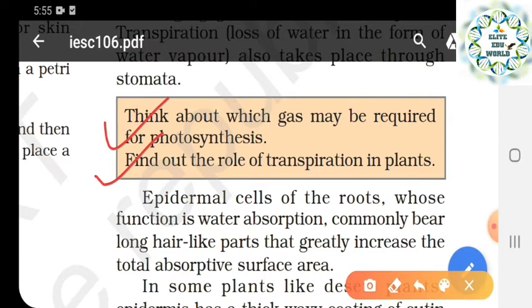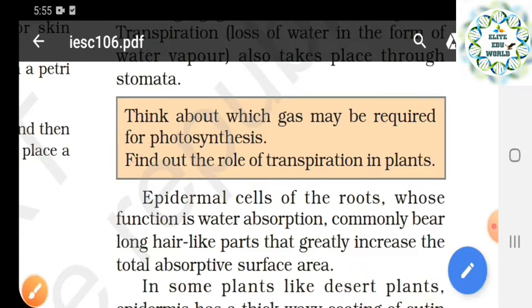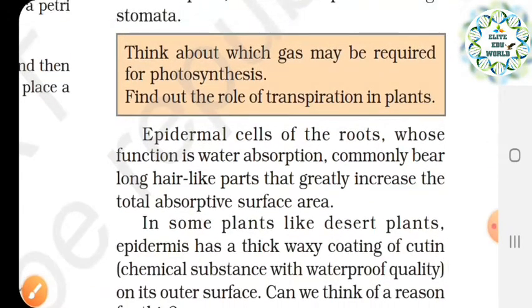And what is the advantage to the plant with the help of this? It will make the water pull. What is meant by the water pull? Whatever amount of water evaporates from the stomata, that much water comes inside through the roots. So it provides a suction effect.